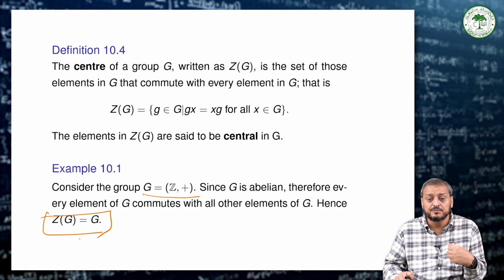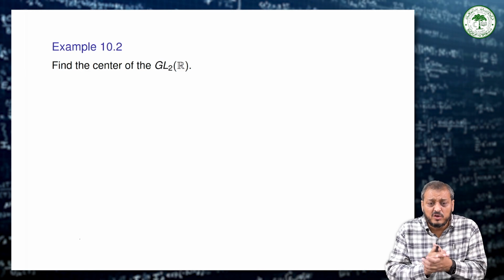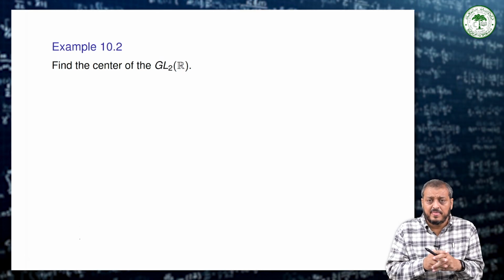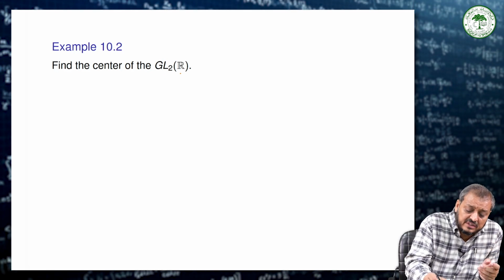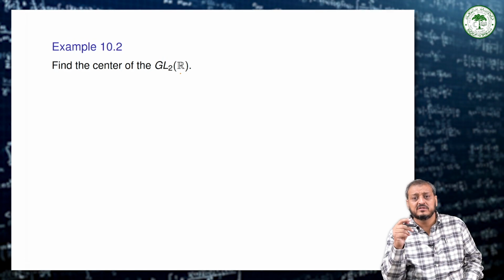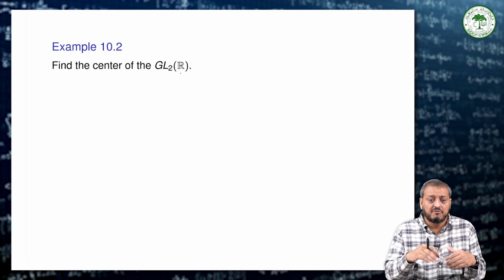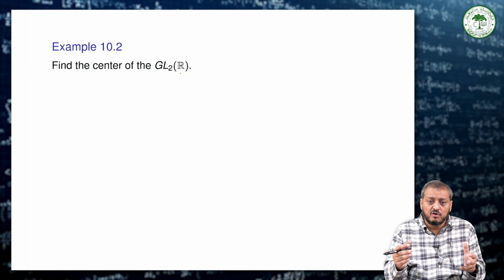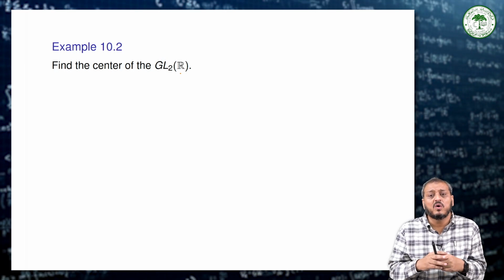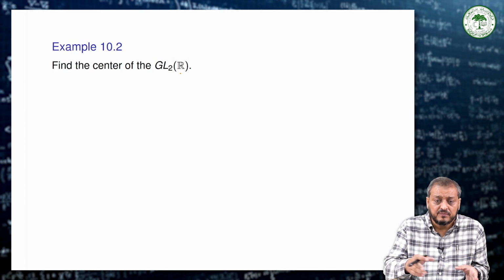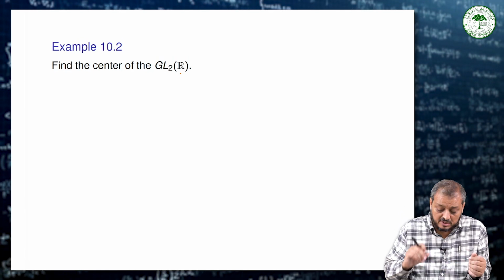Now let's take a non-commutative group. You clearly know that GL2(R) is a non-commutative group. Now we try to find the center of this group GL2(R).